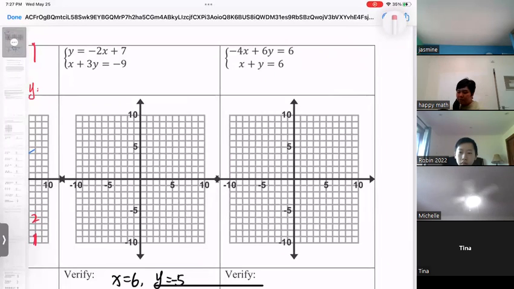Another one is x plus y equals 6. And from the graph, we can figure out the solution for these equations. That is the intersection point, which will be the solution of the system. Did you verify?